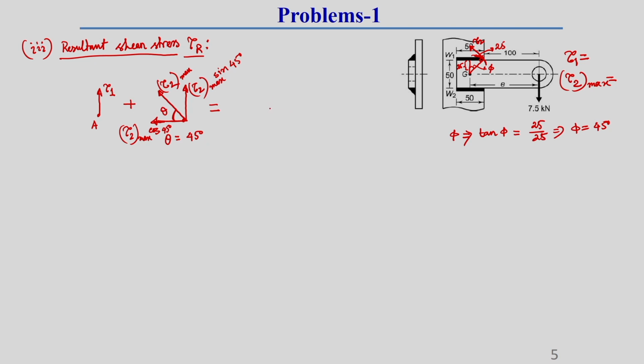Here at point A there will be a vertical shear stress component due to this primary shear plus tau 2 max sin 45 degree, and there will be another horizontal component, that is tau 2 cos 45 degree, because tau 1 does not have any horizontal component.